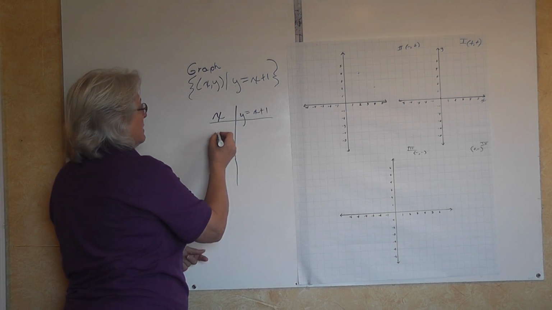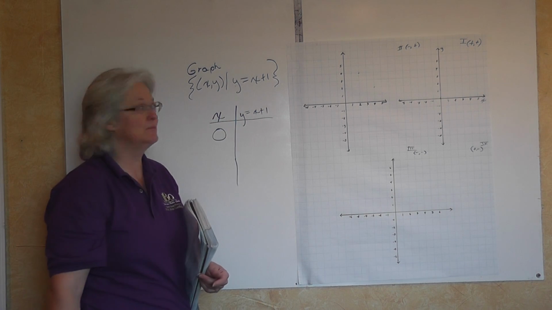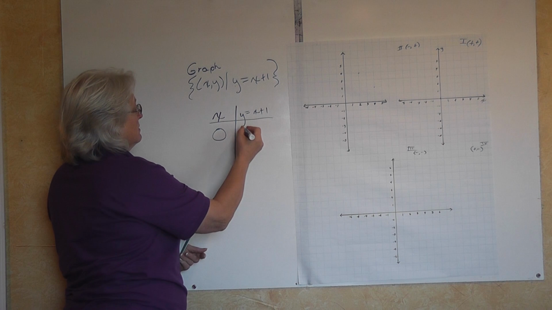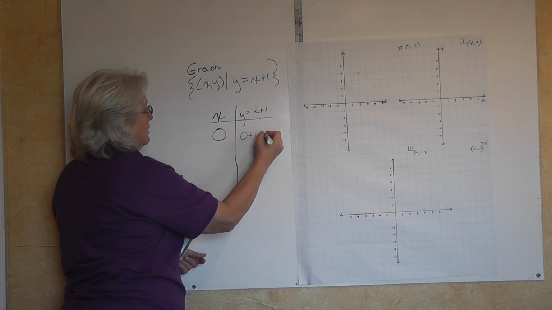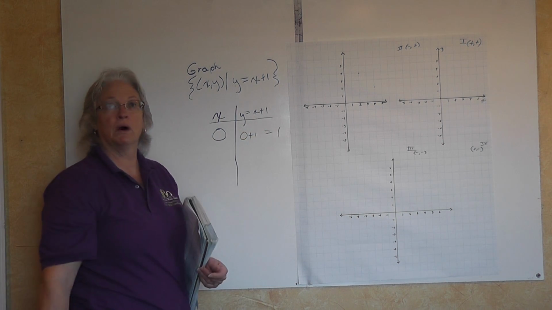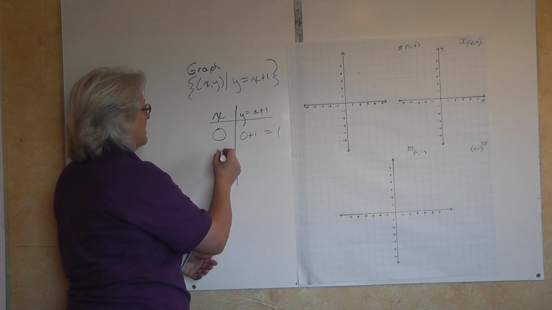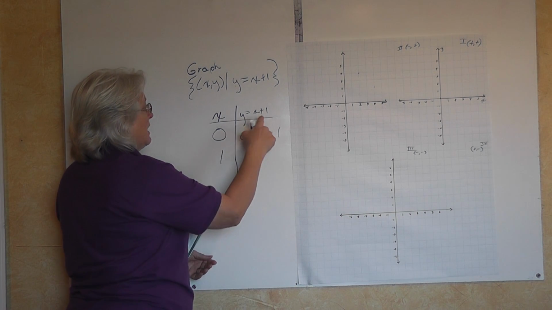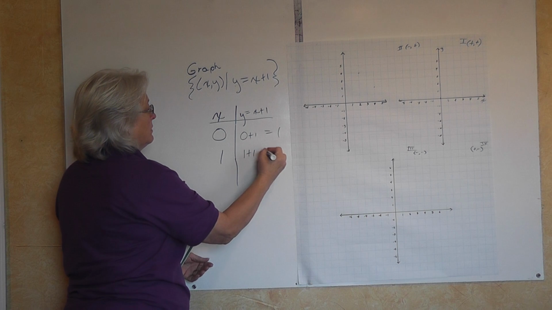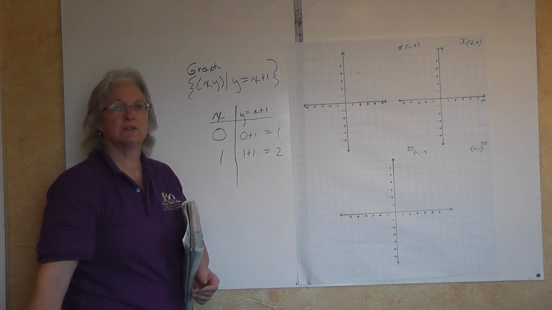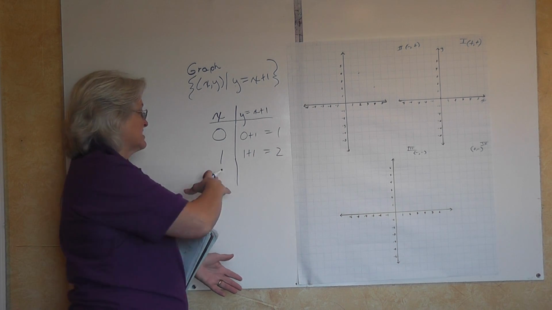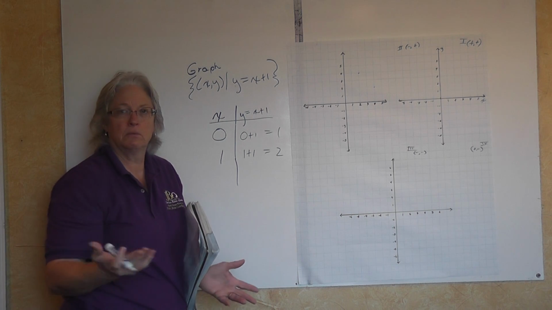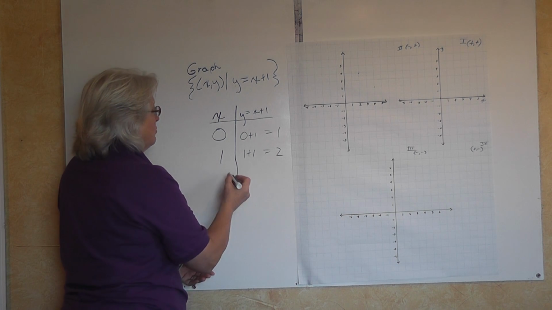For example, how about if we have x is 0? If x is 0, then y is going to be 0 plus 1, which is equal to 1. That's easy. How about x is 1? Then y has a value of 1 plus 1, which is equal to 2. Now I might say, what happens if x is 2, or what happens if x is negative 1?